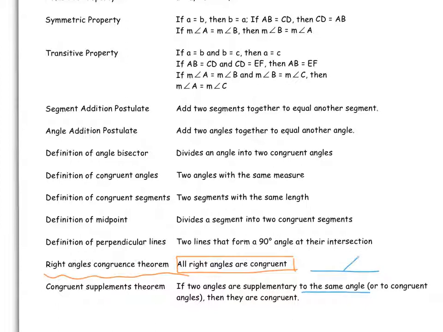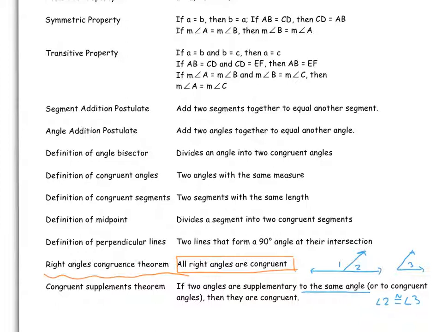So let's draw some supplementary angles. Let's call this angle 1 and angle 2. So angle 1 and angle 2 are supplementary. Well, let's say that we also have angle 3 sitting over here. And I tell you that angle 3 is also supplementary to angle 1, then you can conclude that angle 2 is congruent to angle 3.